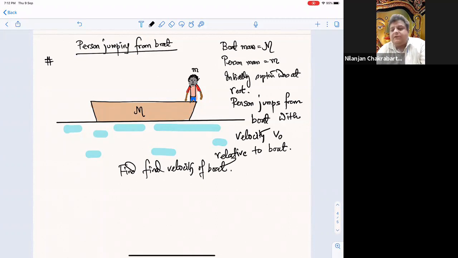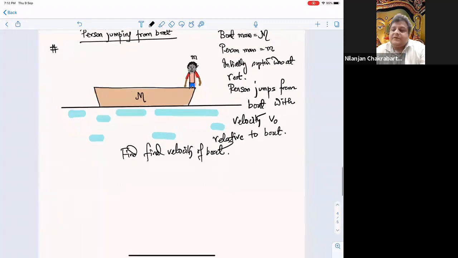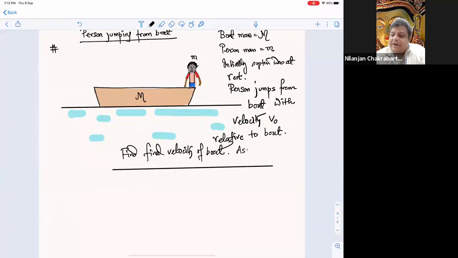Or the velocity of recoil of the boat. And that also should be mentioned: assume no friction between water and boat.